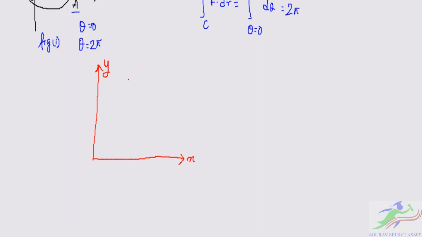If the curve is like this, this is the curve C, and this is point P, this is point A, and the origin is O, which makes an angle of theta. I'm trying to make these straight lines.